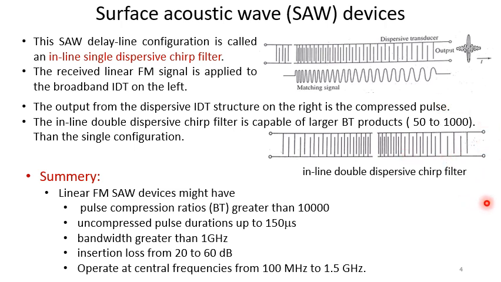So in summary, you can say linear FM SAW devices might have pulse compression ratio or BT greater than 10,000, uncompressed pulse duration up to 150 microseconds, bandwidth greater than 1 GHz, insertion loss from 20 to 60 dB, and operate at central frequencies from 100 MHz to 1.5 GHz.